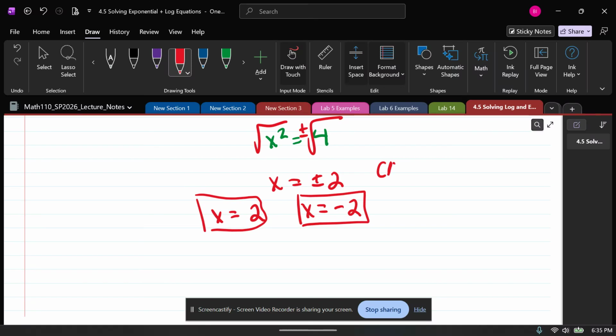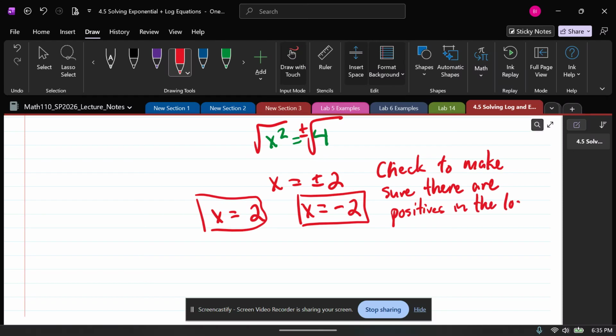I need to check these. Check to make sure there are positives in the logs of the original equation.